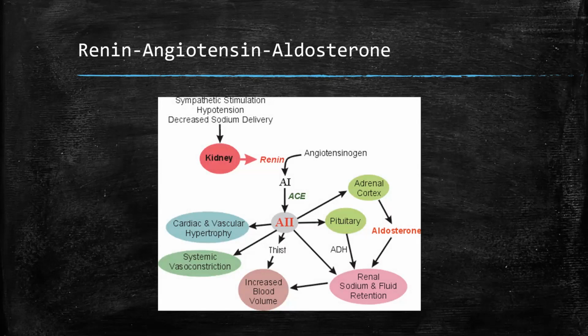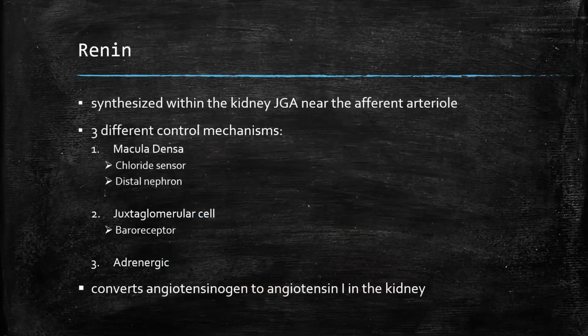We'll talk a little bit about the renin-angiotensin-aldosterone system next. Renin is synthesized in the kidney, in the part of the kidney known as the juxtaglomerular apparatus. It's under control of 3 different types of mechanisms. There's something called the macula densa, which is a chloride sensor.